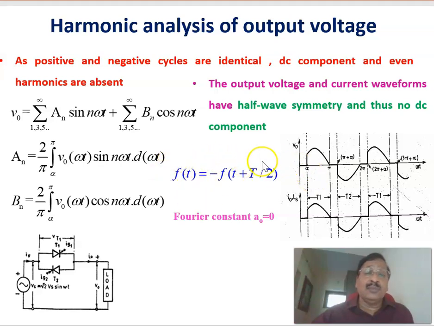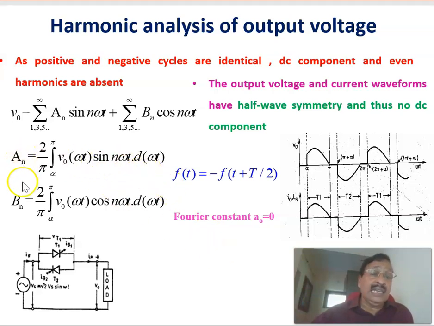Since it is half-wave symmetry, AN can be written as 2 by pi integral from alpha to pi, not 0 to pi, of v0 of omega t times sin n omega t d omega t. Similarly, BN equals 2 by pi integral from alpha to pi of v0 of omega t times sin n omega t d omega t. We have to integrate this, and we will see the result in the coming slides.